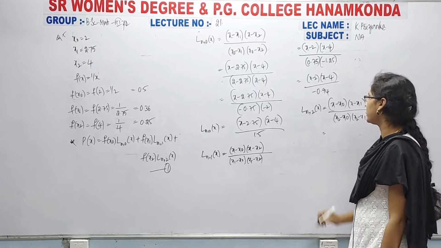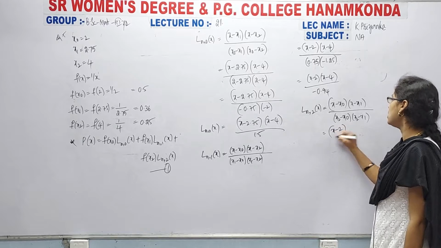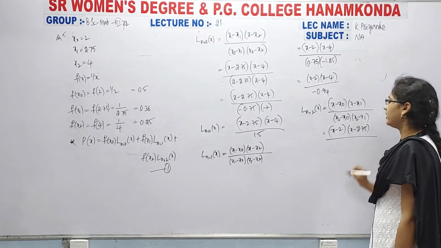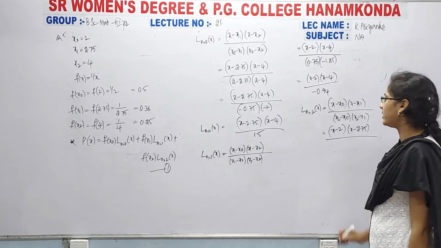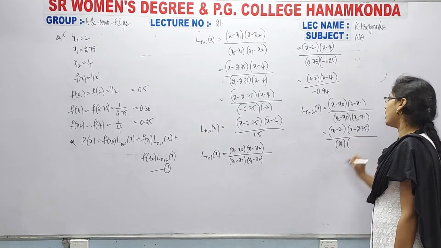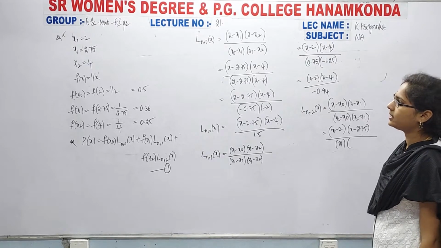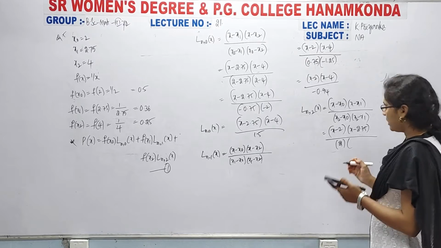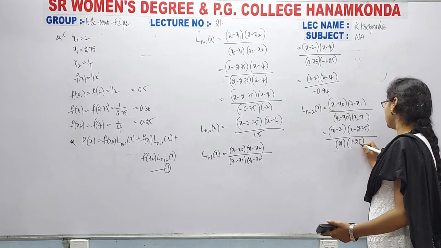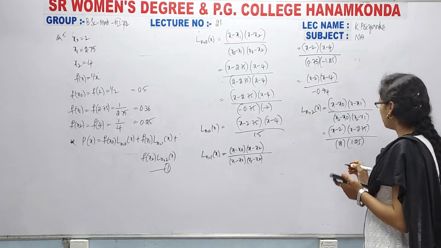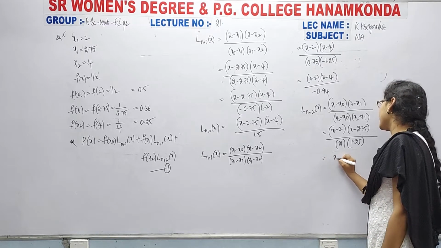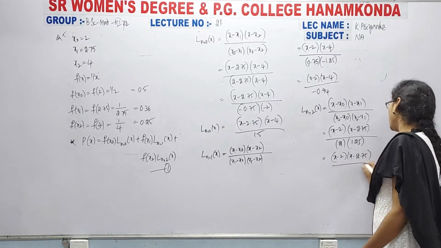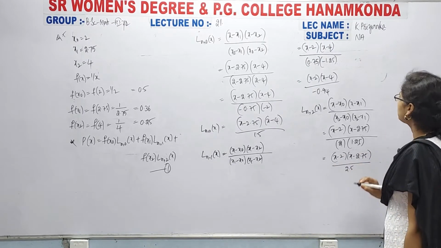Now x minus x naught means x minus 2 and x minus 2.75, whole divided by x2 minus x naught, 4 minus 2, that is 2, into x2 minus x1, 4 minus 2.75, which is 1.25, into 2, that is 2.5. So x minus 2 into x minus 2.75 whole divided by 2.5. So this is the value.